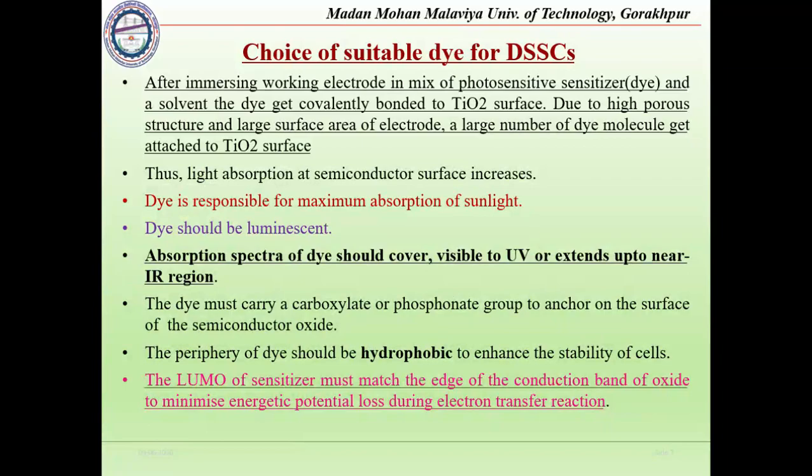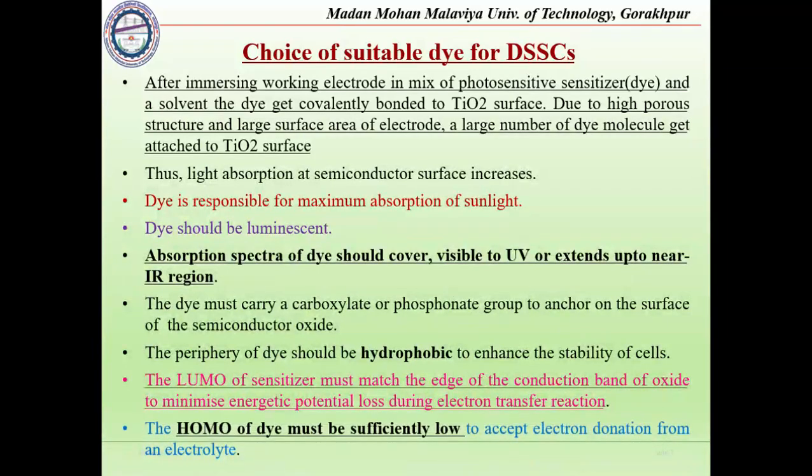The lowest unoccupied molecular orbital of the sensitizer must match the edge of the conduction band of the oxide to minimize energetic potential loss during the electron transfer reaction. Further, I will discuss what the conduction band and the valence band are in the semiconductor oxide layer.